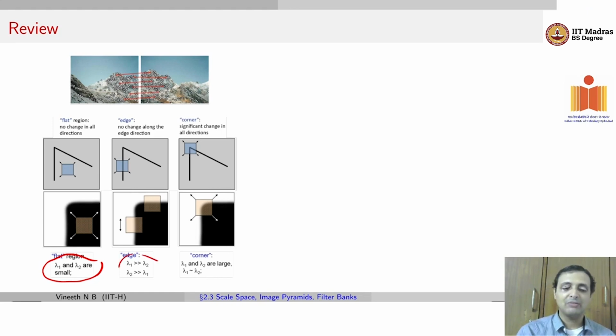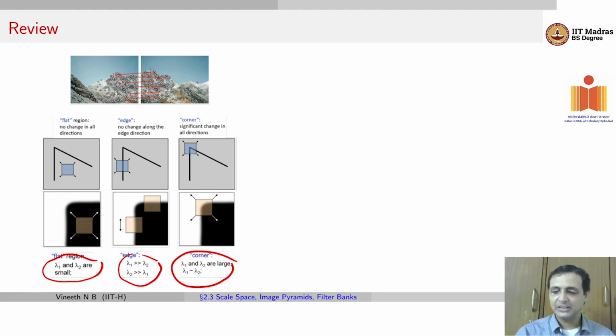When one of the eigenvalues is much greater than the other, we say it's an edge. And when both the eigenvalues are large, it corresponds to that particular patch having a lot of changes in multiple directions, and we call such a point a corner. And that's our methodology for coming up with the Harris-Corner detector.